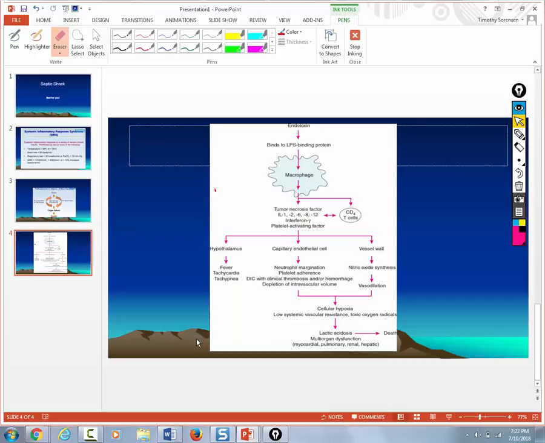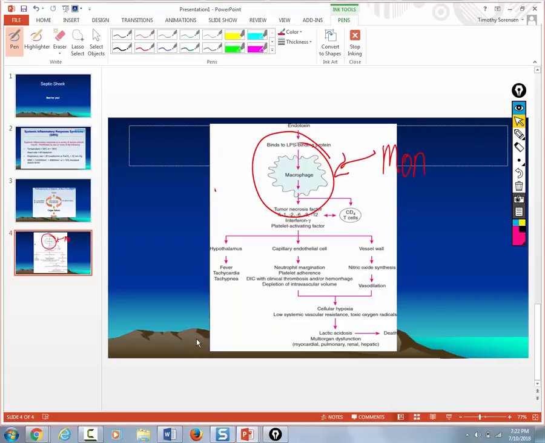Now, watch. Remember how I told you these white blood cells get into the interstitial space and attack the bacteria and release these chemicals? Well, where's the infection? So these chemicals get released into the blood. And you better get this.